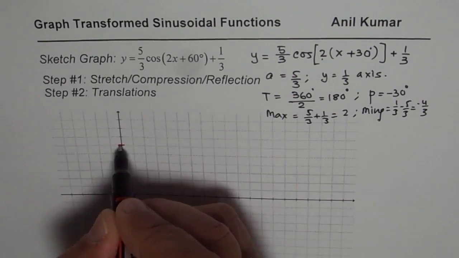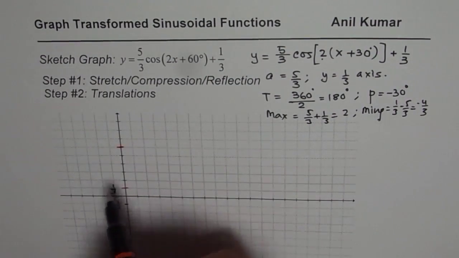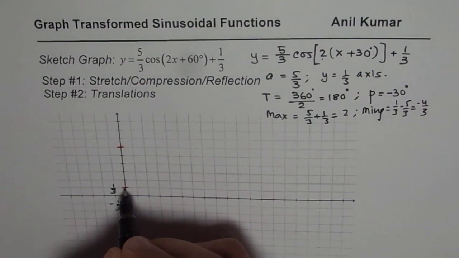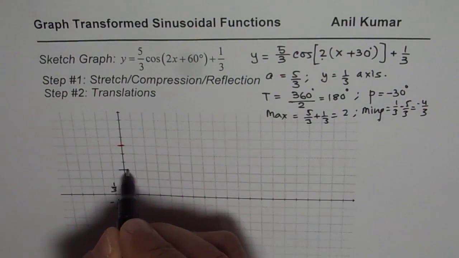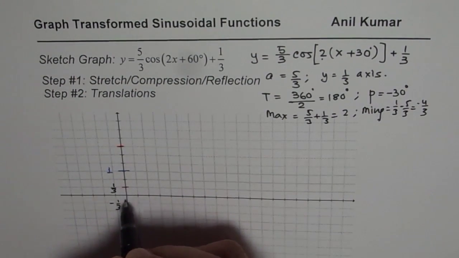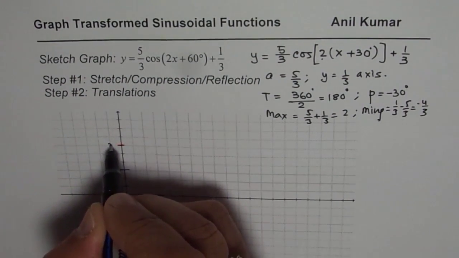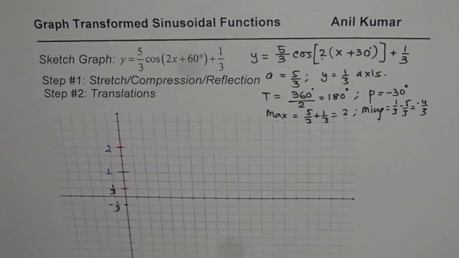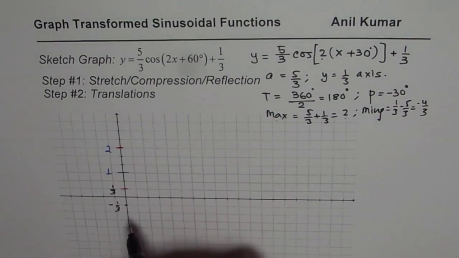You can check that 1/3, 2/3, 3/3 means that is 1 for us. Each division is divided into 3 equal parts, and this is 2. And as we calculated, the maximum value is 2. So these are all checkpoints for us, and that becomes the vertical scale.